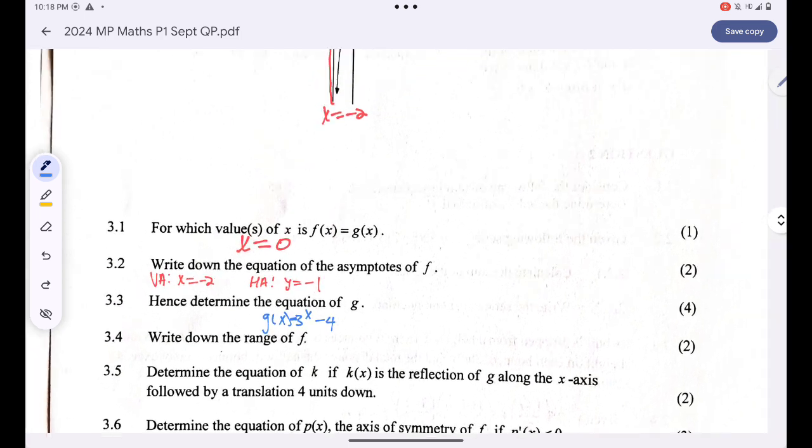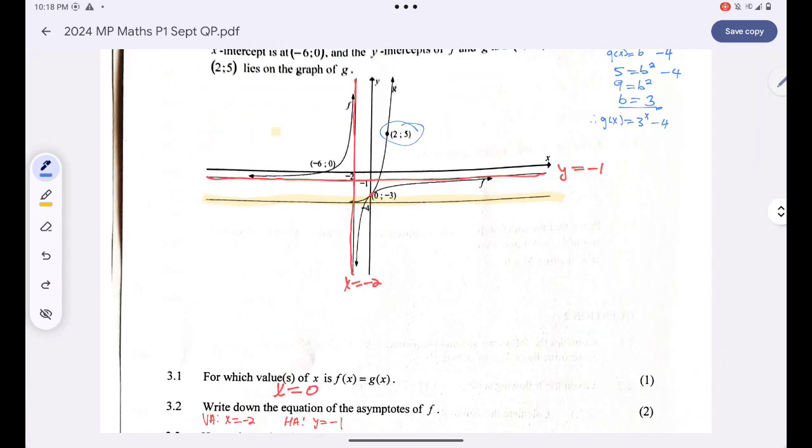Then I must write down the range of f of x. If I scan my graph from the bottom to the top, I can see my graph of f of x everywhere according to y.